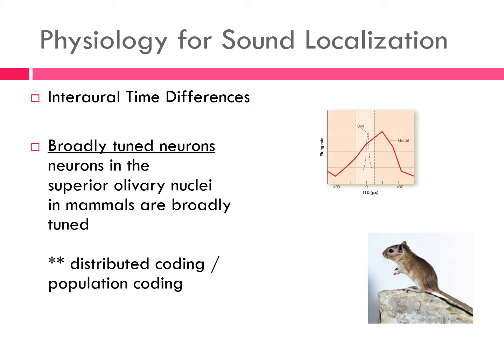It has a specific time difference that it responds best to, but with this wider range of responses, we're probably looking at distributed coding, or population coding. I can never remember which one is used in the new book, but they mean the same thing: we use several or many neurons and look at the pattern of activation.